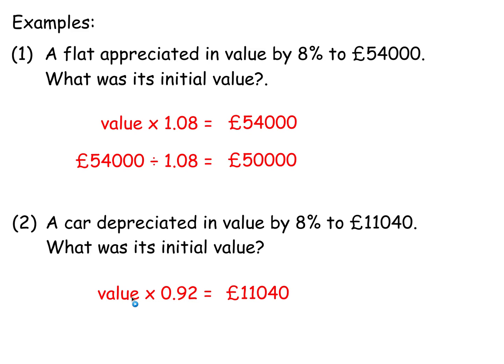Get back to what the initial value was, divide by that 0.92, and you're back to the original value. It started out at £12,000. It was at £12,000, it lost 8%, it became 11,040. So that's to reverse a percent increase. You simply use the factor that would cause the percent increase and divide by it.